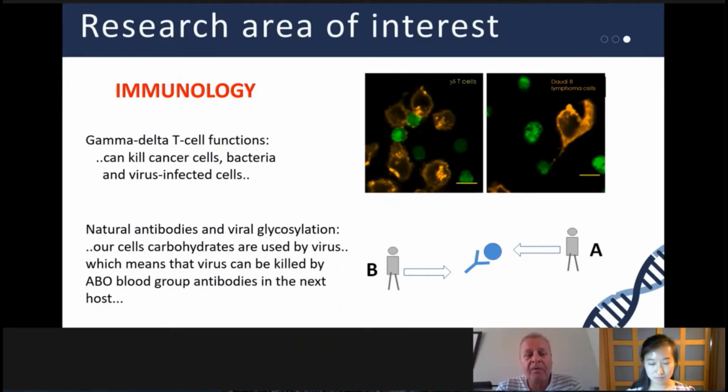We're also interested in a certain type of antibodies that are secreted from B cells, the other type of lymphocyte in the immune system. Particularly the antibodies we're interested in are called natural antibodies that control glycosylation. And actually, they also interact with viruses in that they interact with the carbohydrates or glycosylations on virus.